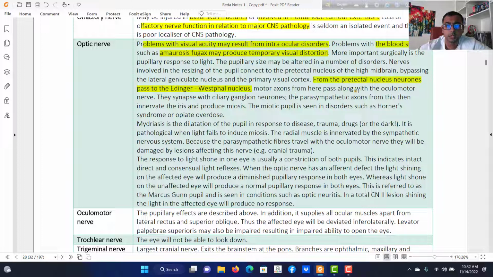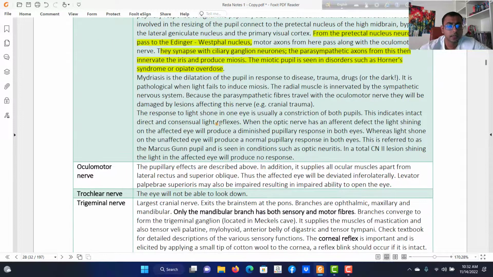Now the motor axons from here pass along the oculomotor nerve to synapse with the ciliary ganglion. The parasympathetic axons then innervate the pupil. Miotic pupil is seen in disorders such as Horner's syndrome or opiate overdose. Now mydriasis is the dilatation of the pupil in response to disease, trauma, drugs and dark.